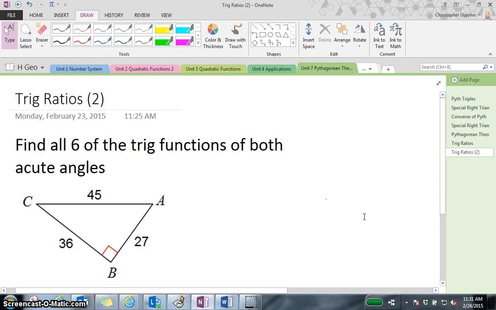All right, so what is our mnemonic device used to remember our trig functions? SOHCAHTOA. SOHCAHTOA, which is saying sine is opposite leg over the hypotenuse.